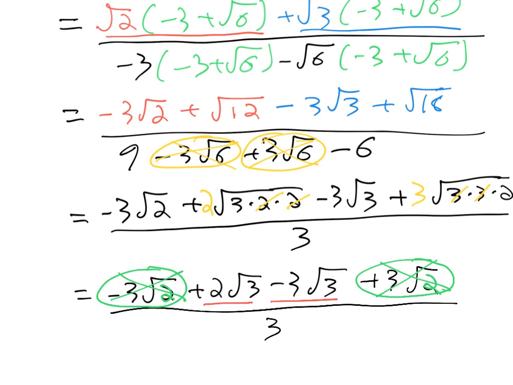So our final answer is negative 1 times the root of 3 divided by 3. That is this fully simplified, rationalized expression. So that is how we can use the conjugate in order to rationalize the denominator of an expression, which is in that form of a plus b root d.